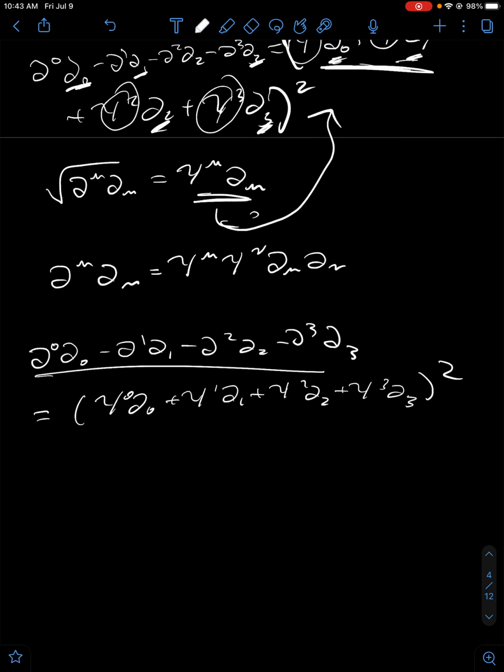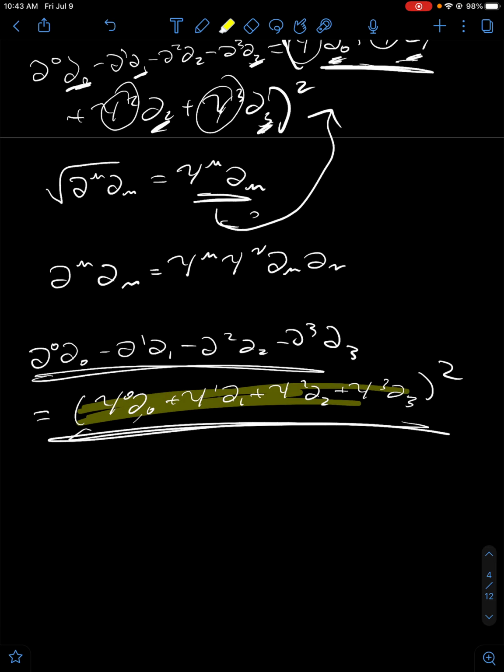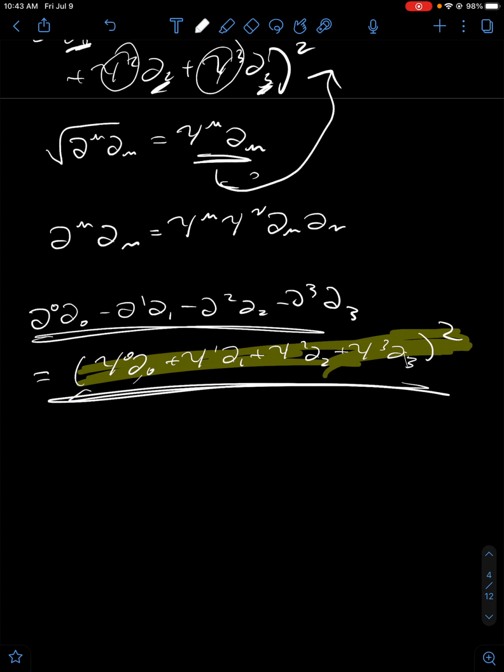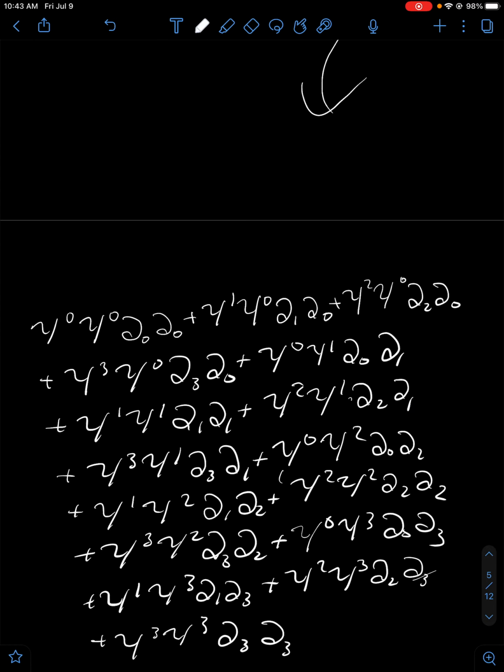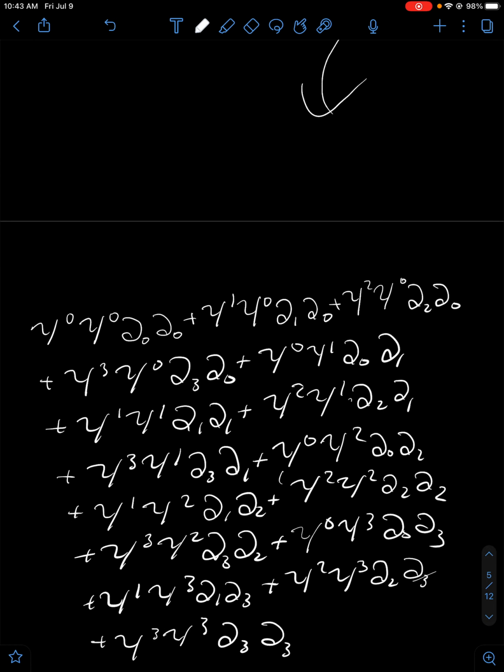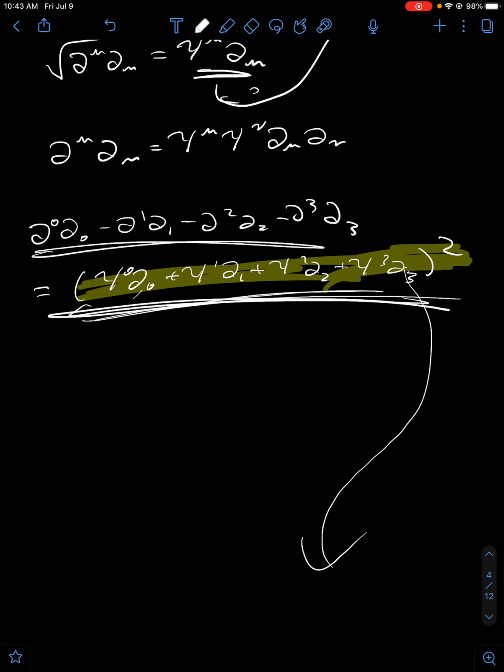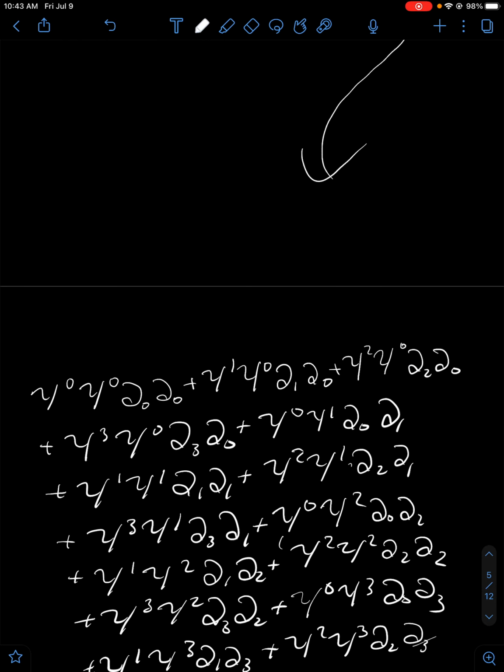So we have to make these two expressions equal. Now when we square this term over here, we get this. So you just get this when you square this expression over here. Try it yourself.